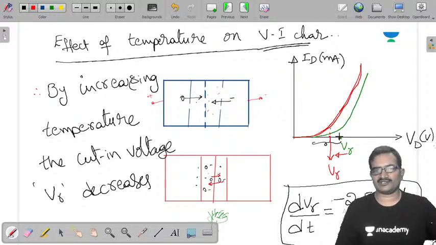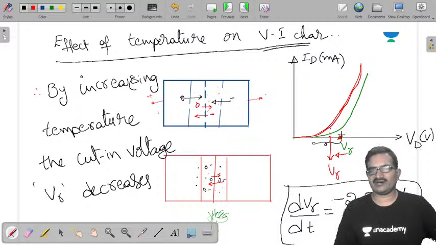For that you need to apply this much voltage to cross the junction. Now, once we increase the temperature at the junction, a greater number of charge carriers are generated. Now, instead of the electron being available only here, holes are available in the depletion region itself, and electrons are available here also. Now, to cross this, a smaller amount of voltage is sufficient.